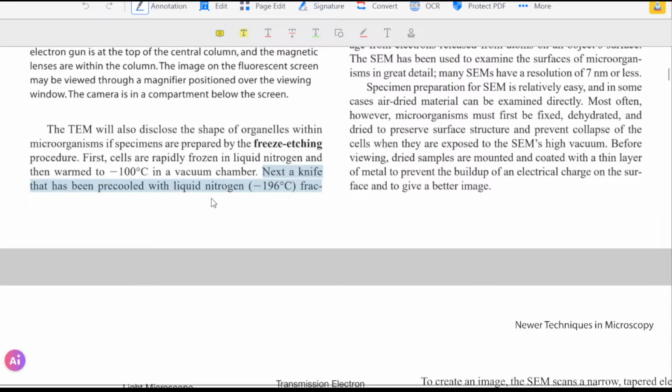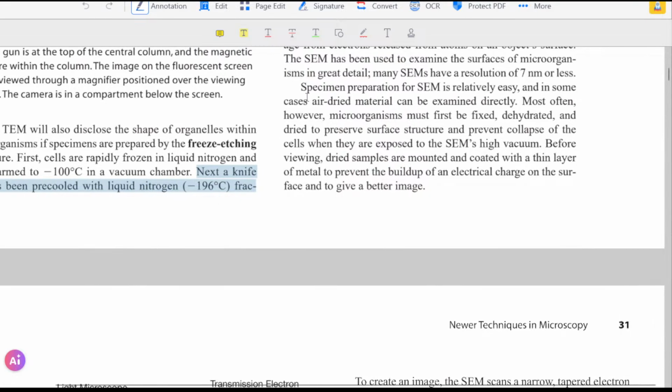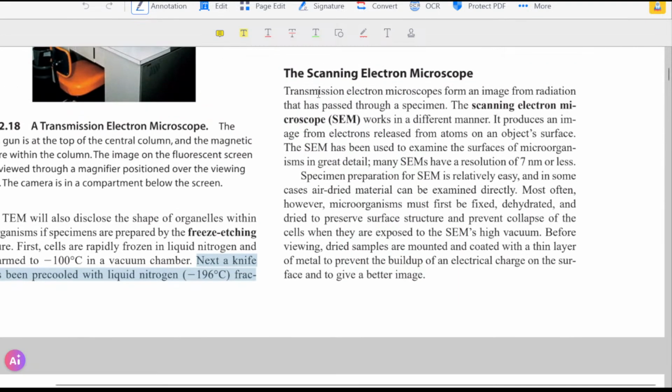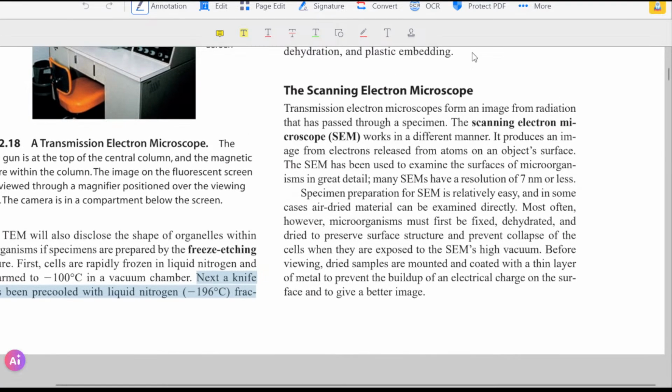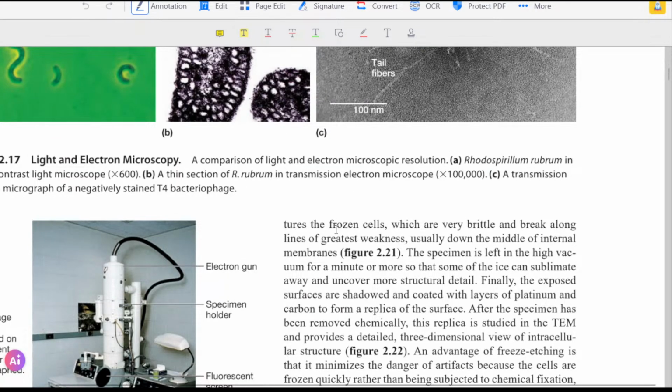Next, a knife that has been pre-cooled with liquid nitrogen. Again, when you want to study the specimen in the frozen state, that's how you are going to do it. That's what they are telling us. So you have to cool the knife at -196 degrees. It fractures the frozen cells.